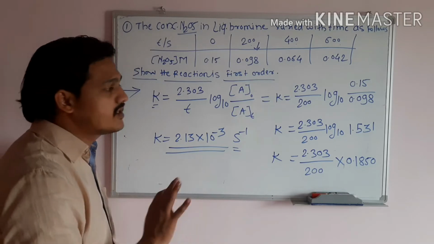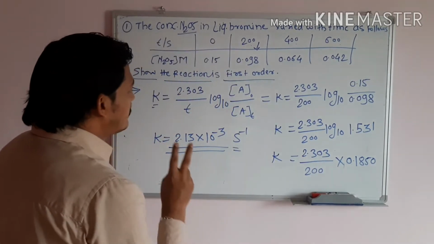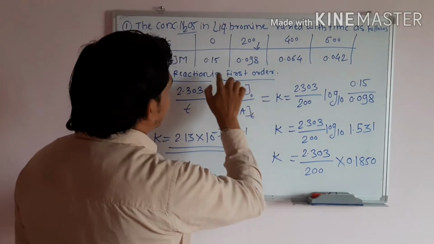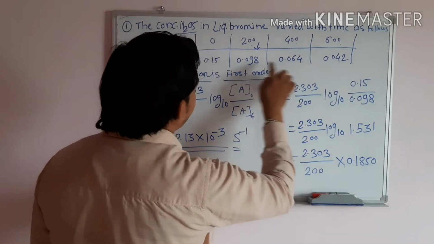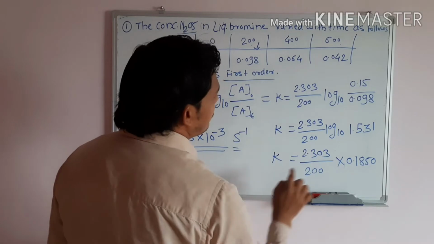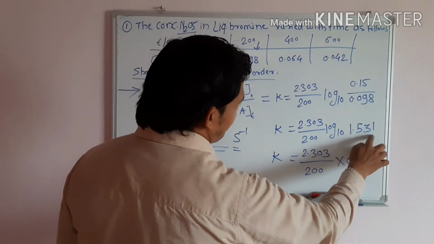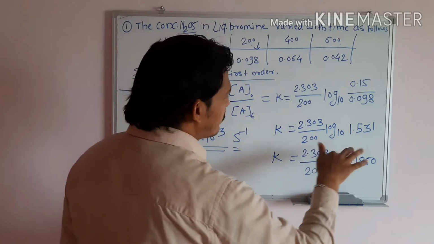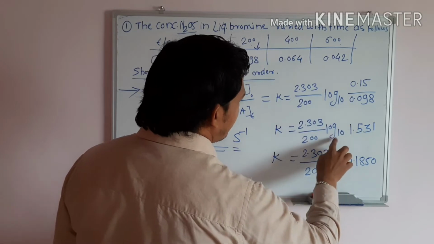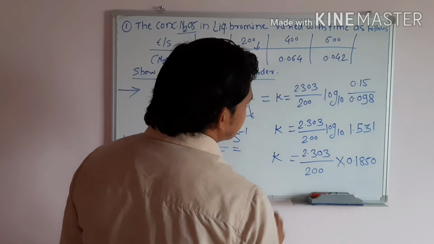I am telling you once again: if I am taking the limit 0 to 200, then the time must be 200. The initial concentration is 0.15 and the final concentration within this limit is 0.098. So 150 divided by 98 is 1.531. Using a log table, you can easily get the log to the base 10 of 1.53, which gives 0.1850.